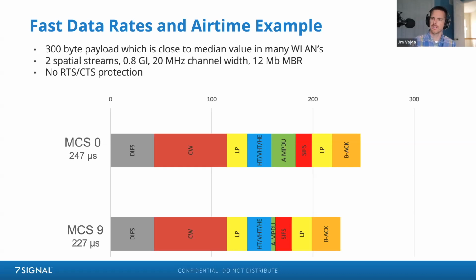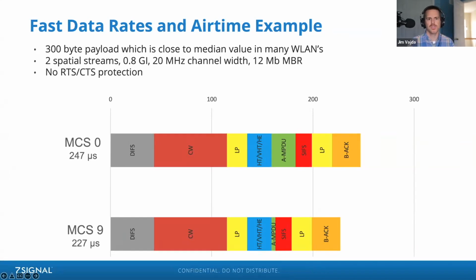So just to make that point, we're looking at an example from a friend of 7Signal, Yermund, and I'll put the link to his airtime calculator in the chat, where you can play with this and generate your own examples.